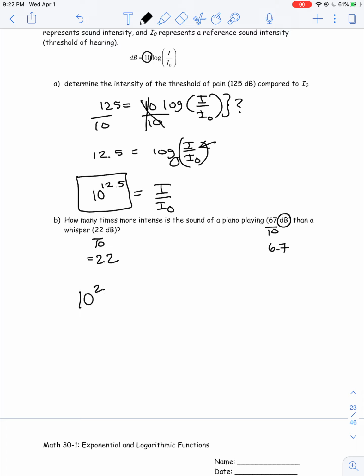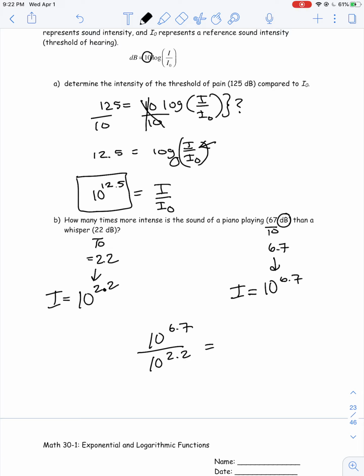Then we write them as 10 to the power of 2.2, which is the actual intensity level, and this one is 10 to the power of 6.7. Once you have them as intensities, now you can divide them, always the higher number divided by the lower number.